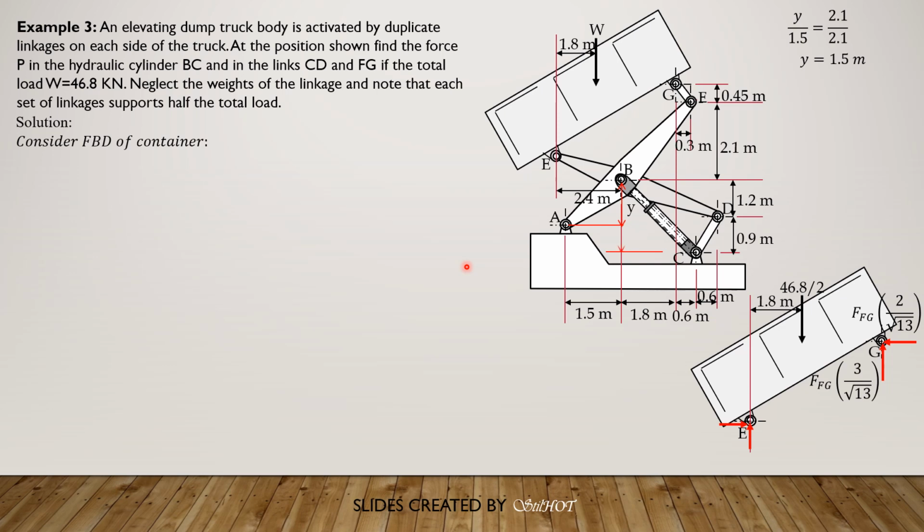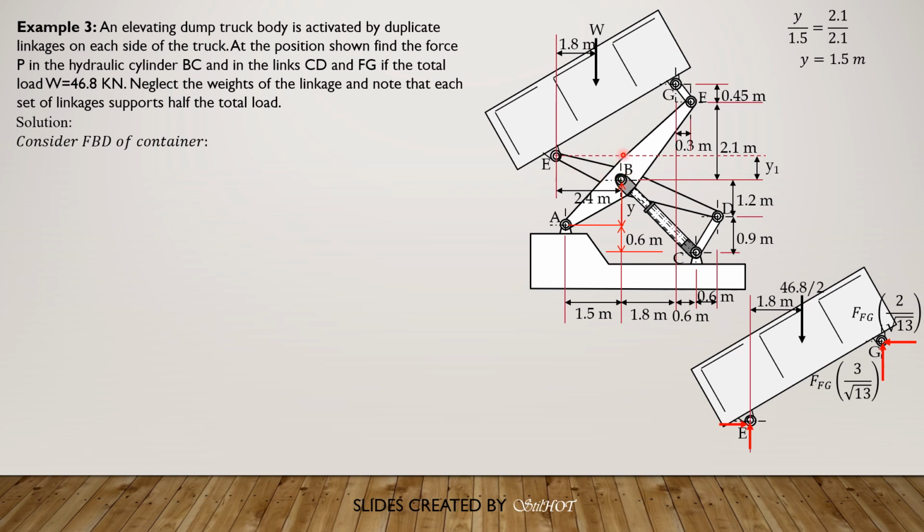Then this distance is 0.9 plus 1.2, which is 2.1, minus 1.5, so this vertical distance of A and C is 0.6 meter. Then for this distance here, call that y1. This is also y1, this is also y1.